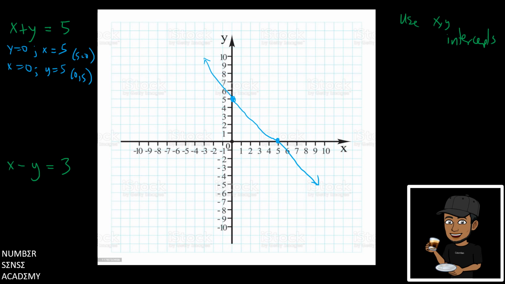So again, we're going to use the same principle for this one. When y is equal to 0, x is equal to 3, and when x is equal to 0, if you solve the equation, we're going to have a negative y is equal to 3, so that means that y is equal to negative 3.